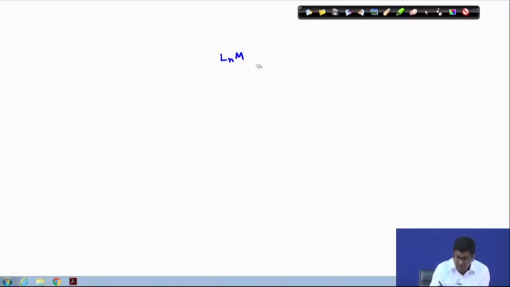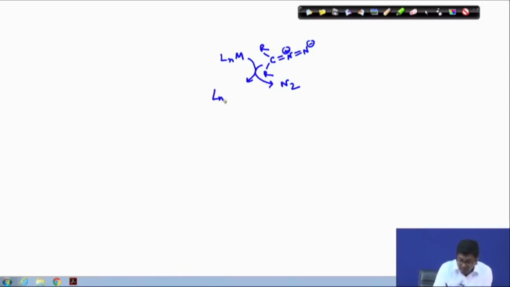So, if we have this metal complex and if we have this carbene precursor, let us say here it is a diazo group. Now, this can easily liberate nitrogen. And if it liberates nitrogen, what will it form?